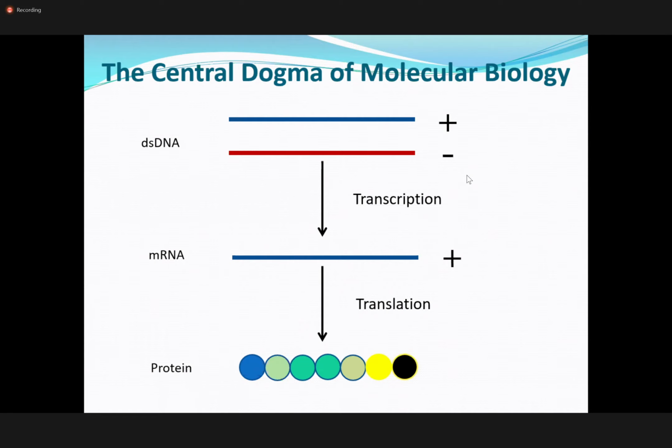And vice versa. If your virus is a plus strand, you need to make a minus strand to make more plus strand. So you always need a double strand, whether it's DNA or RNA, in order to create more of those molecules.